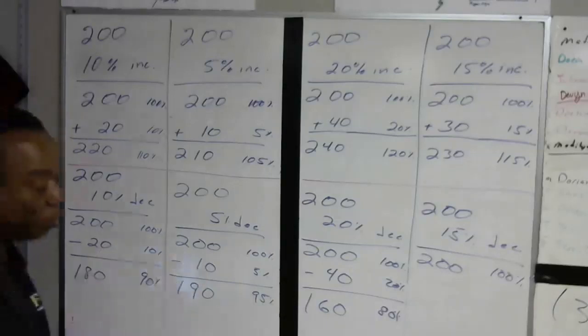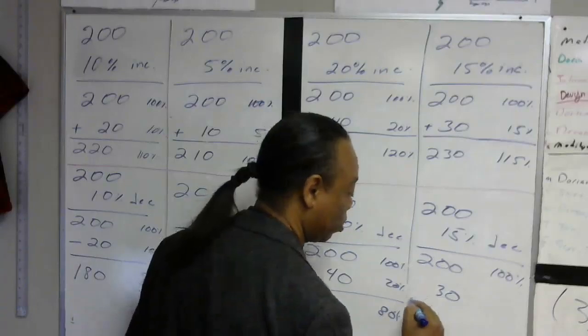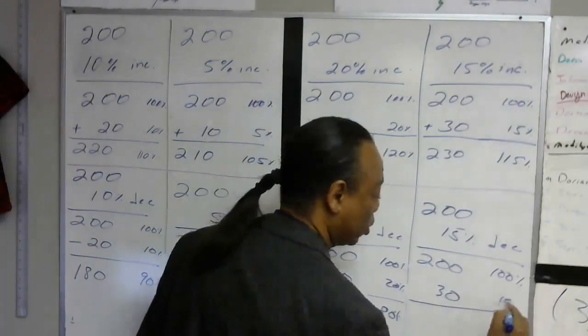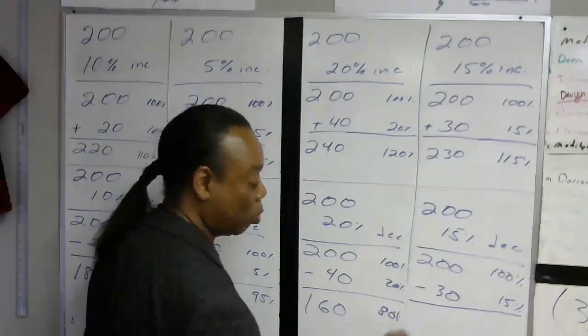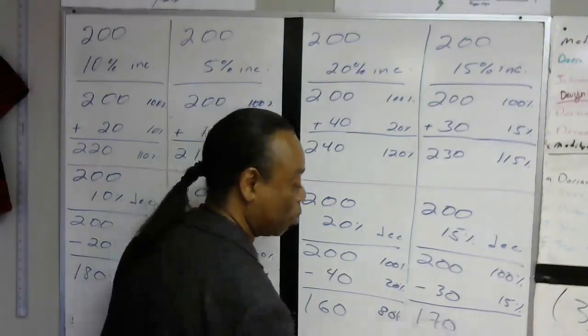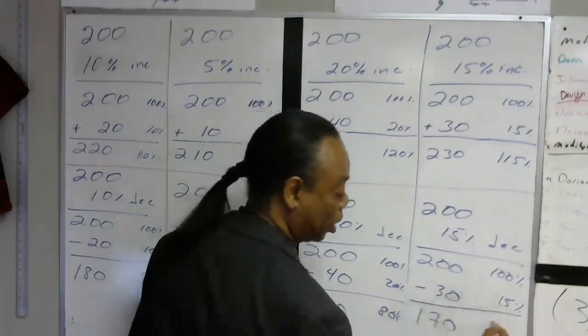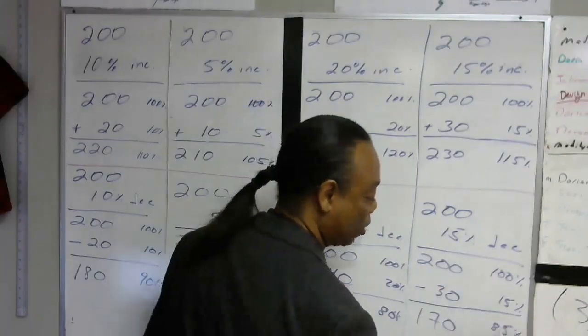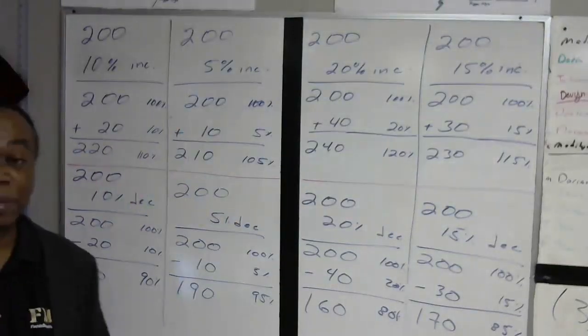That'll be 30. And 30 represents 15%. So when we decrease it, we're going to get 170, and 100% less 15% gives us 85%. And those are your common percentages.